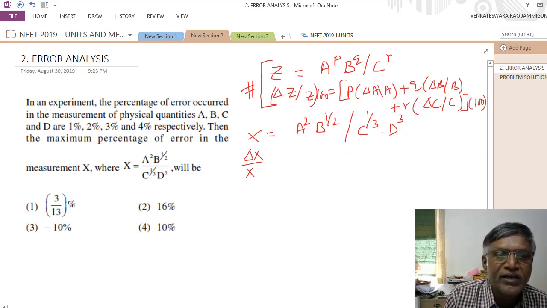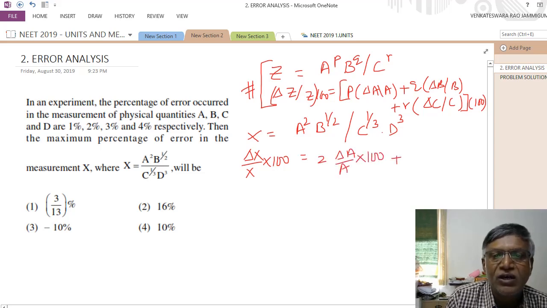Now here I am multiplying with 100, so this is equal to 2 into delta a by a into 100 plus half into delta b by b into 100 plus 1/3 delta c by c into 100 plus 3 into delta d by d into 100.